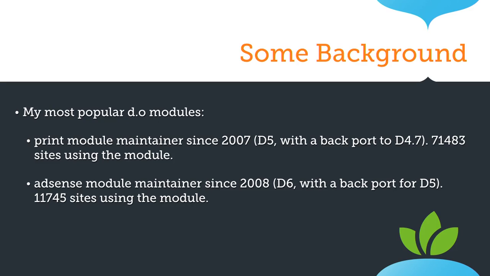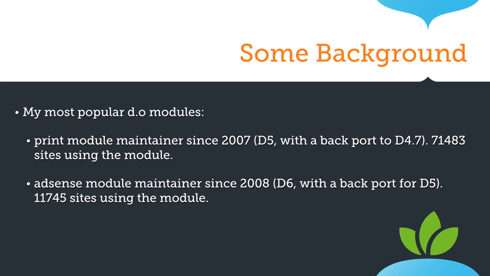Then I started maintaining the AdSense module in 2008. That's when I started only with Drupal 6, then I backported it to Drupal 5. Both modules have the D7 versions, and they will both have Drupal 8 versions.